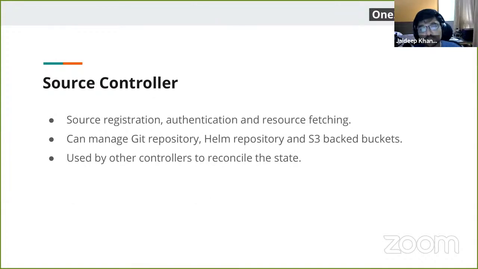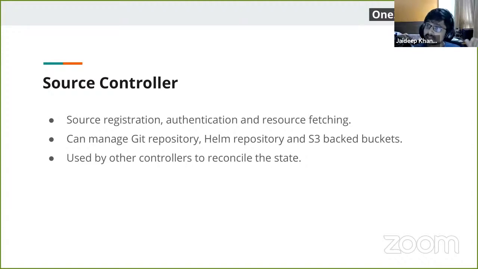So first is source controller. Source controller is responsible for your source registration, authentication, and resource fetching. So let's say if you're using a GitHub repository, it will create a private key, push it to the GitHub repository as a deploy key, and use it for syncing the state.